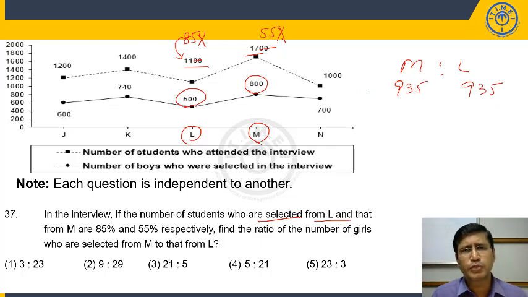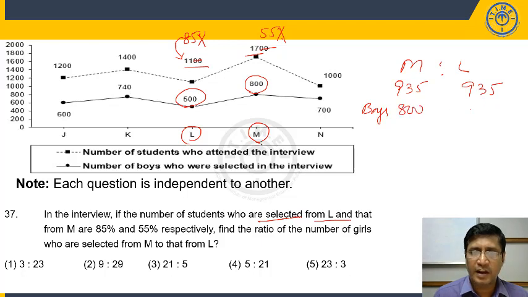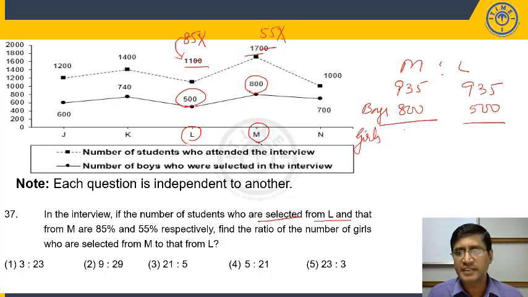So this is the number of students who are selected. In that, how many are boys? If you observe, the boys from M are 800, whereas from L it is 500. So what is the remaining? The remaining is the number of girls. So how many girls are there? 135 from M and 435 from L. So simplify this.